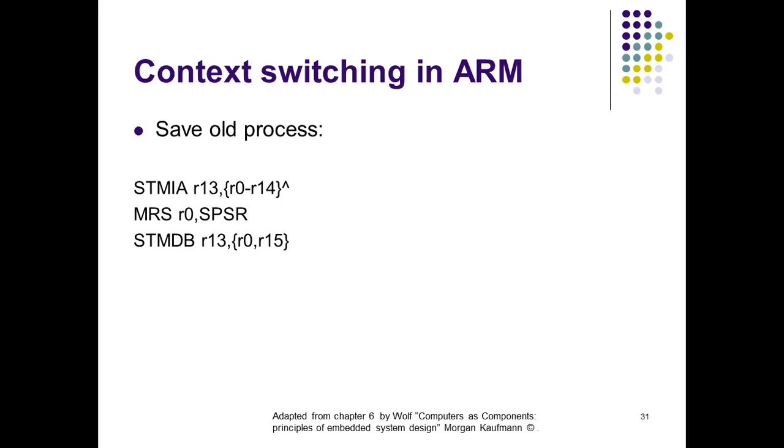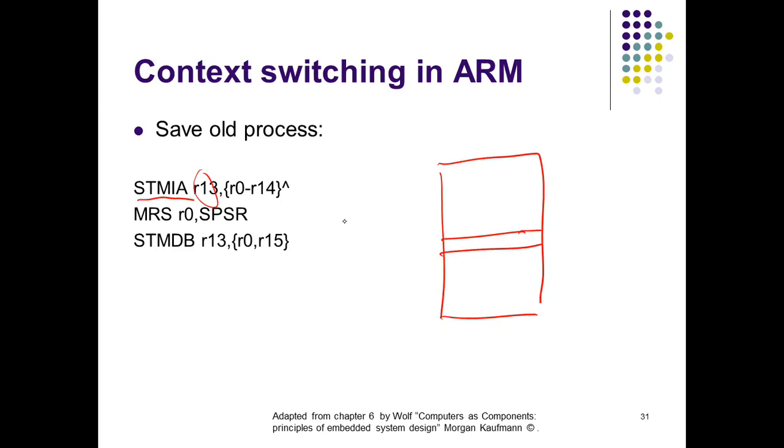So how do you actually do context switching? Going back to ARM, it's actually a very simple idea. This instruction here says store multiple increment after. Imagine I had a block of memory and I have some individual element in it.